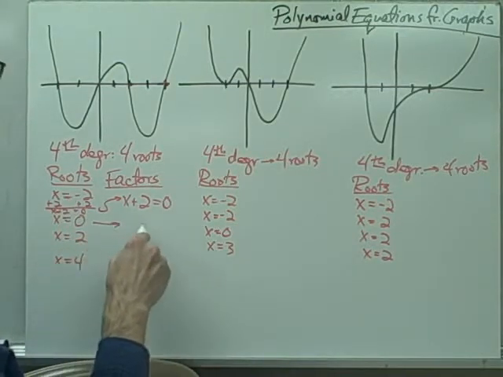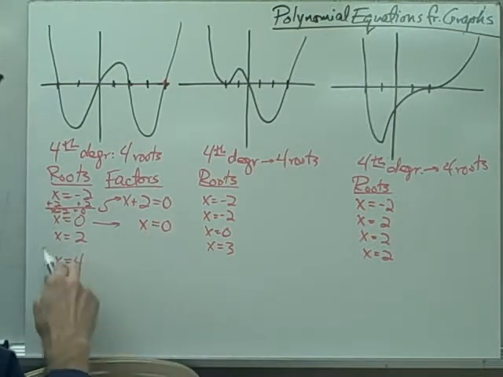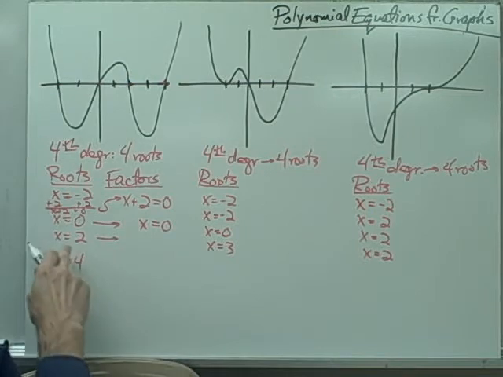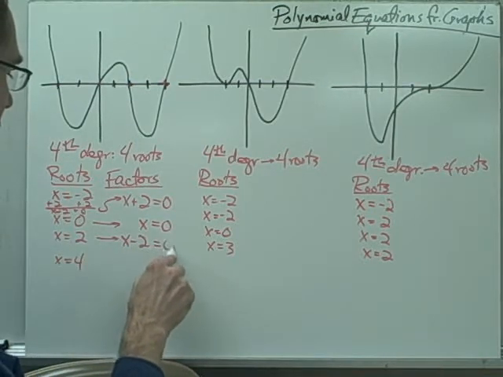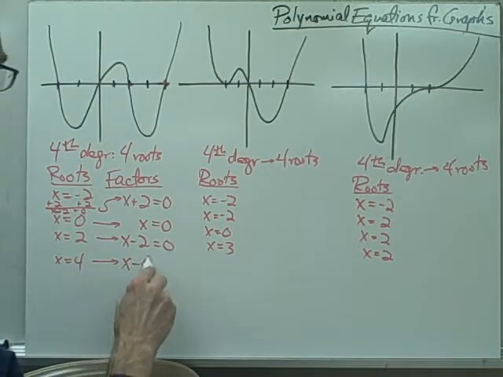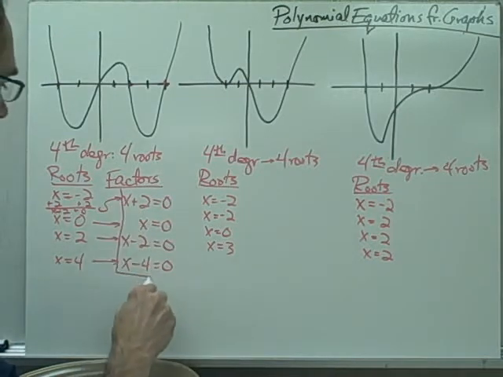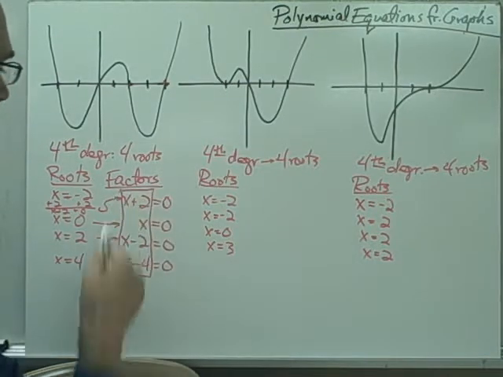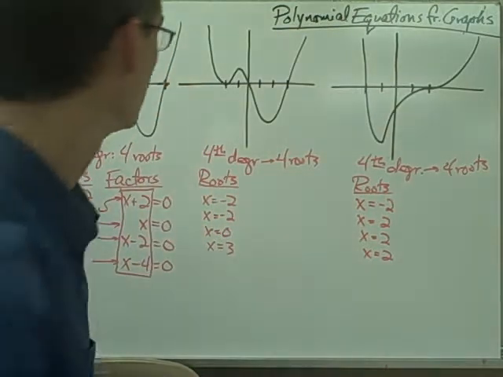X equals 0, well, here I've already got everything on the left side and 0 on the right side. X equals 2, if I subtract 2 from both sides, that's going to give me x minus 2 equals 0. And for this one, if I subtract 4 from both sides, that gives me x minus 4. So here are my 4 factors for this graph of my polynomial function.